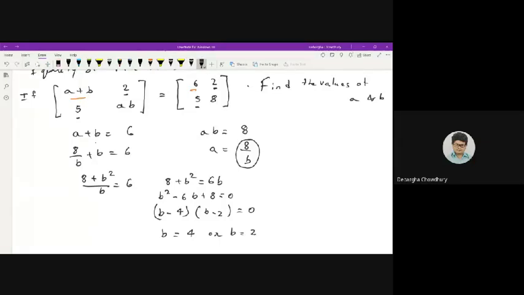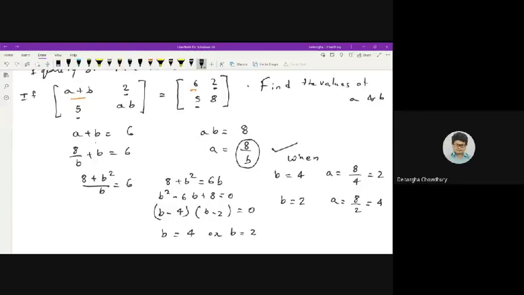Now I would simply substitute the values. When b equals 4, then a equals 8 by 4, which is 2. And when b equals 2, then a equals 8 by 2, which is 4. So we have two different values of a and b, and hence we got our result.